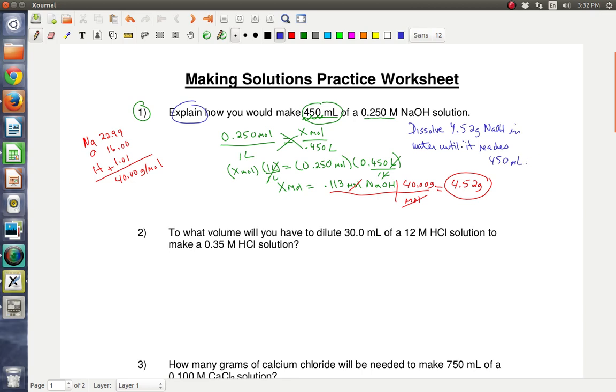That's how you do it. I can take sodium hydroxide and weigh it on the scale and put it into a container and pour water into it until it reaches the volume of 450 mils, and I will have made a solution that is 0.250 molar of sodium hydroxide.